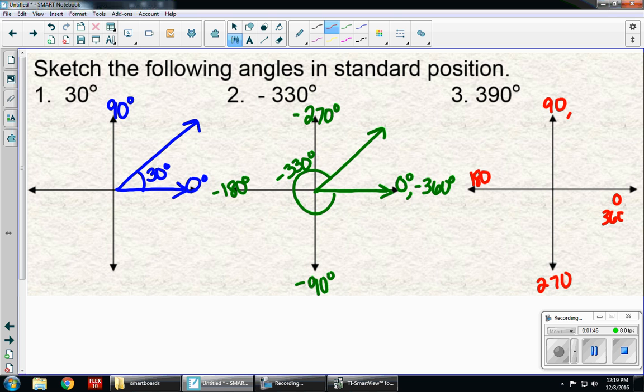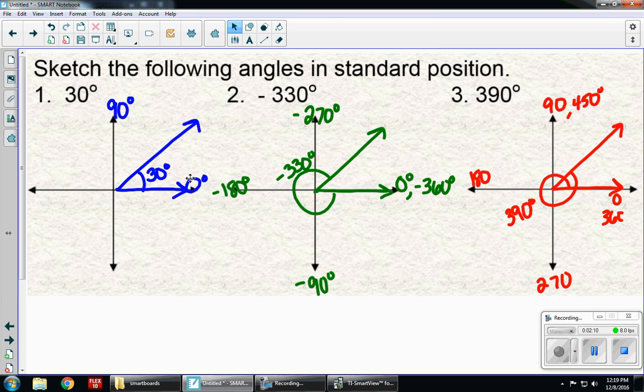So up here, I'm also going to have 450 degrees. My initial side, I'm going to be in quadrant 1. I'm going to have a terminal side in quadrant 1, but it rotated a full circle and then some. So this is the angle of 390 degrees.